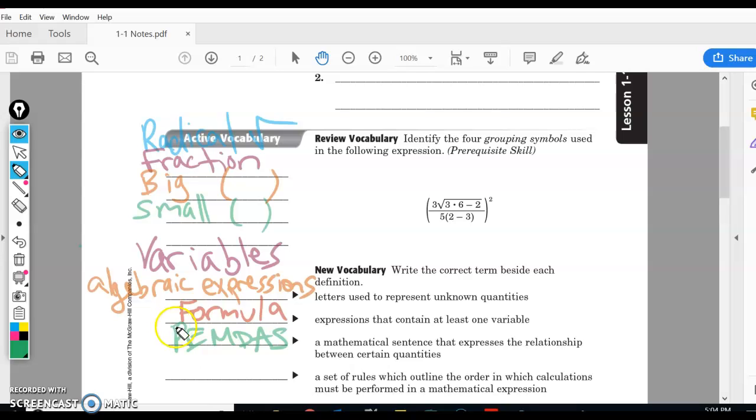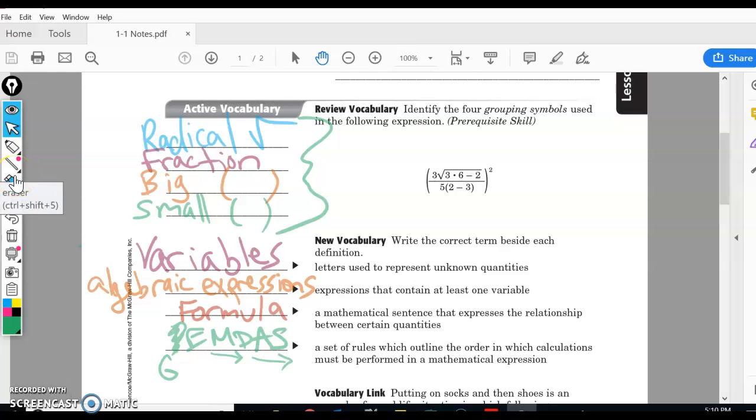Instead of P, you can actually write G for GEMDAS. G stands for all these types of grouping symbols. You can even include absolute value in that grouping symbol. E stands for exponents. M, multiplication, D, division. You do this left to right. And addition, subtraction, you also go left to right as well.